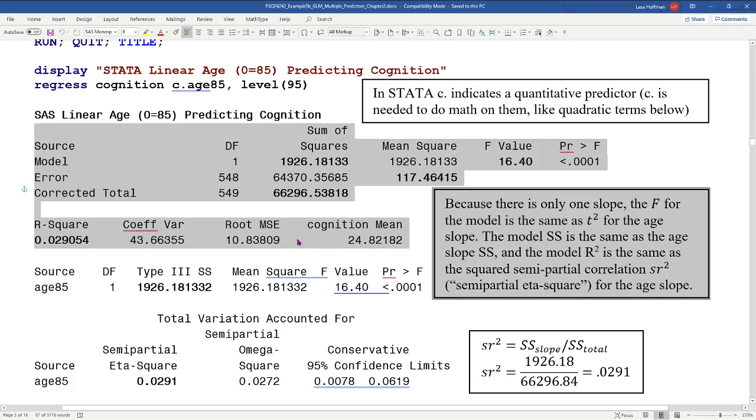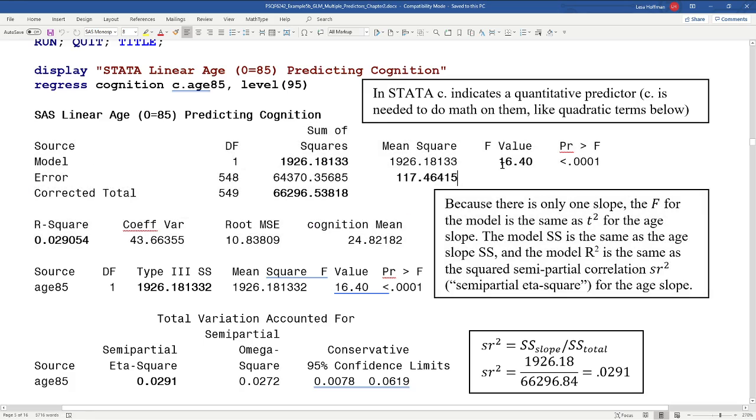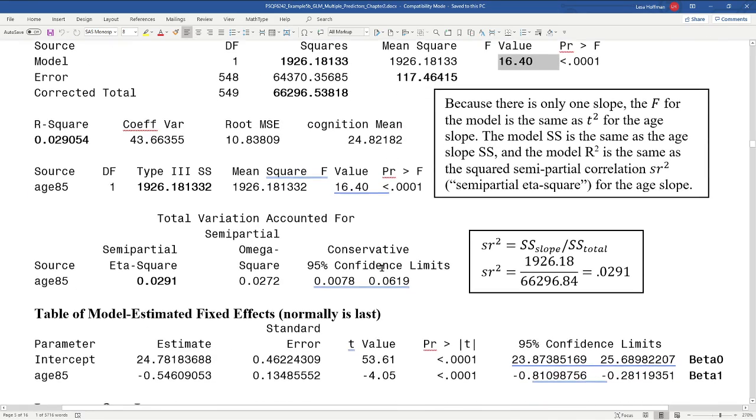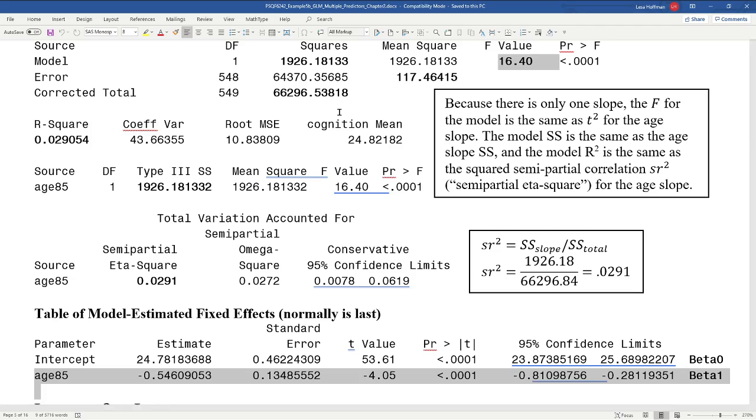That conclusion is the same thing that we would get in just looking at the slope for age by itself. So this line that I've highlighted at the bottom, the solution for the age slope, is telling you the exact same information as the F value for the model, and that's because there is only one effect of age in the model. So the slope is the model at this point.